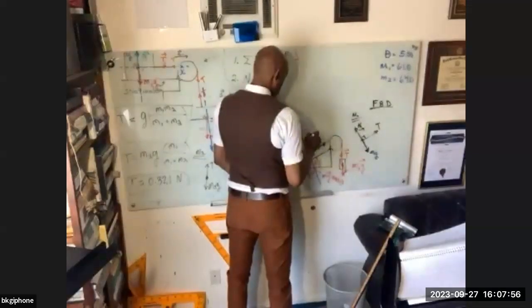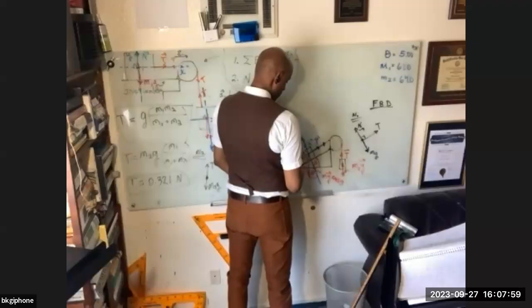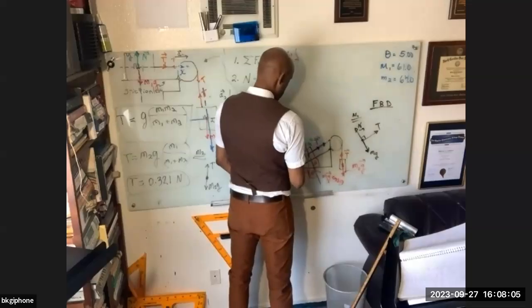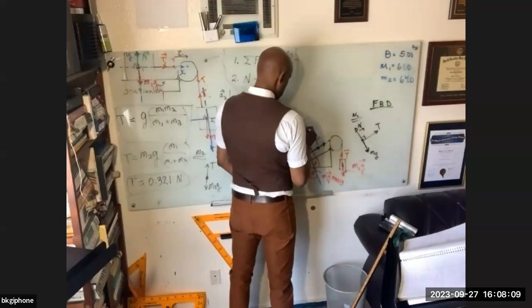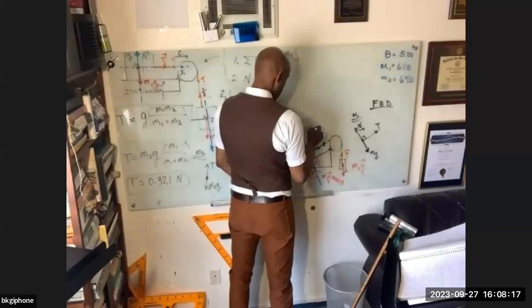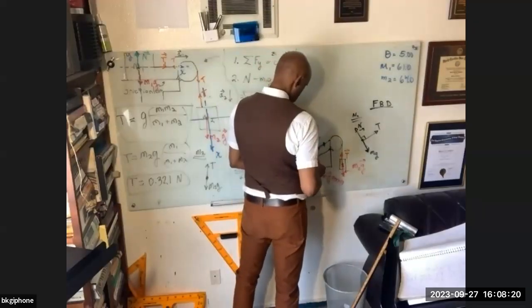So M2 was, oh yeah, okay, this is M1. So M1 G sine theta. M1 times G times sine of theta.